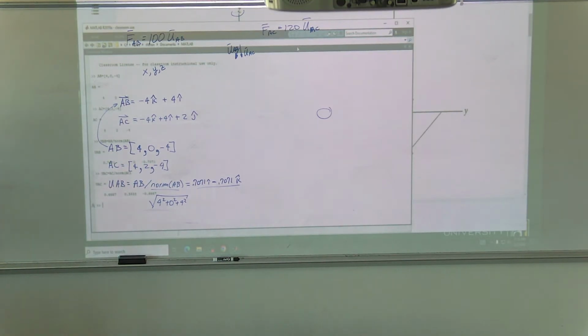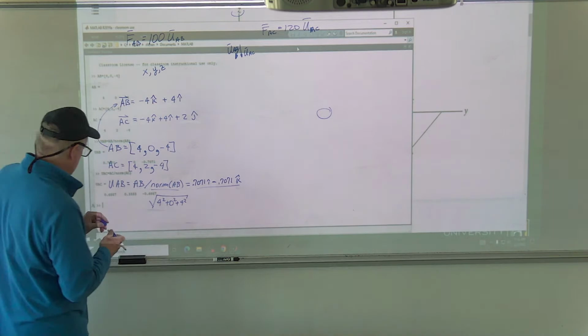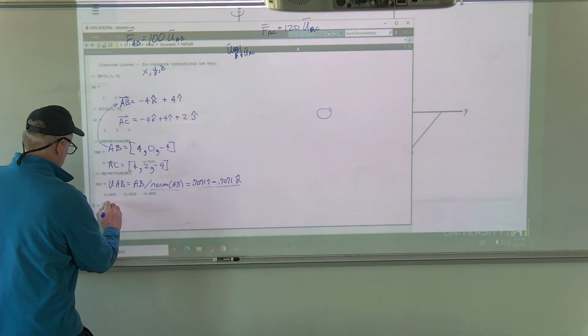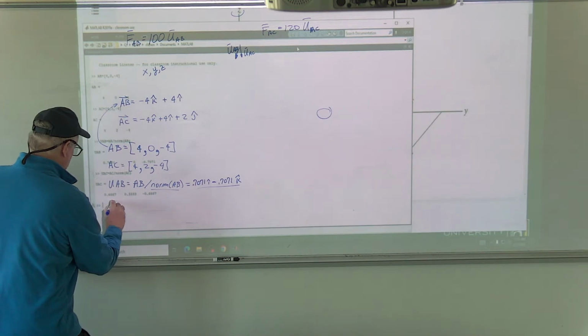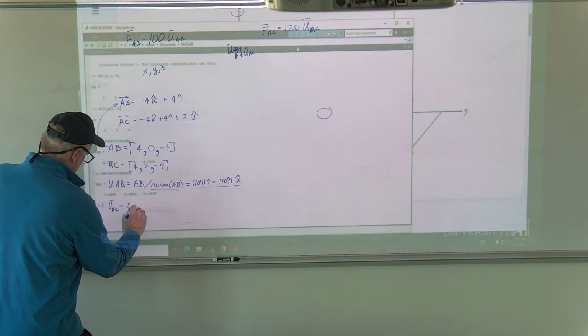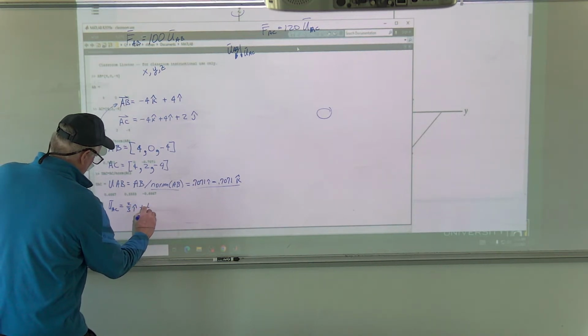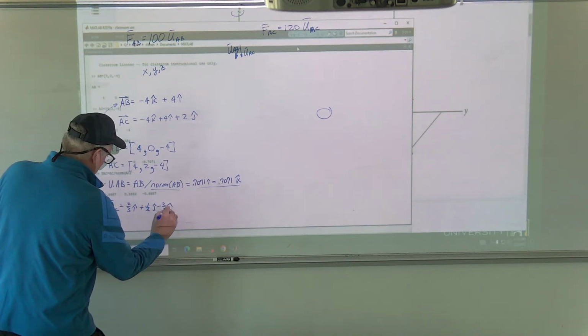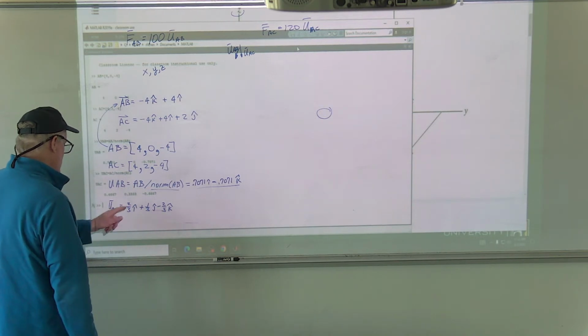Okay, it's a little hard for me to see them, but I think I can. So the unit vector AC looks like 2/3 I plus 1/3 J minus 2/3 K.